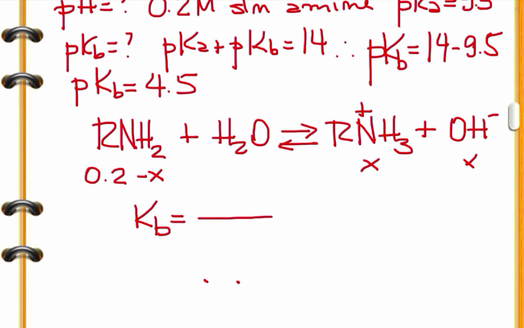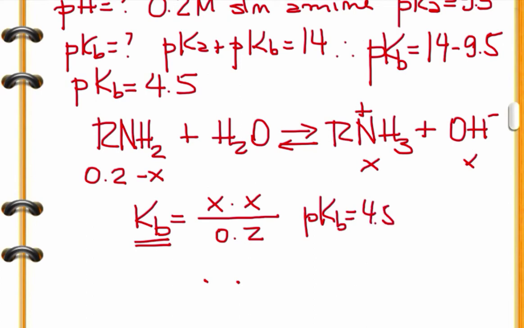Kb equals the concentration of the products, X times X, divided by 0.2. An approximation would be actually 0.2 minus X, but since it's a weak base, we can always approximate. We have the pKb is 4.5, so therefore we need the Kb. That's 10 to the power of negative 4.5.